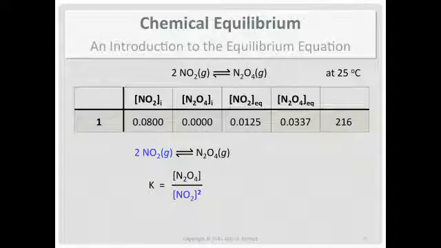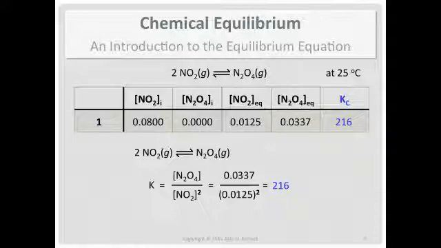So let's go ahead and pull the values out. Now, since we're calculating an equilibrium constant, we have to use equilibrium values. And then we'll divide it by the other one, squared. And that's where the 216 came from. Since we use concentrations, if you look in the upper right, I call this Kc for concentration.